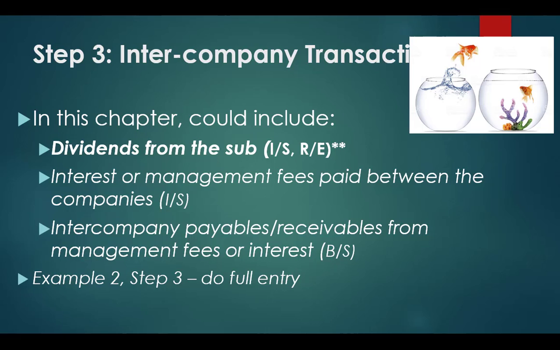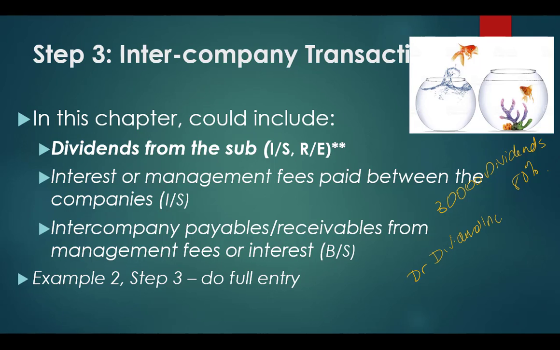Let's assume that we've got 80% ownership and our sub pays $30,000 in dividends, and we need to eliminate those dividends. So we've got $30,000 in total dividends, but we only own 80%. So we want to debit, because we want to eliminate the dividend income from the parent.